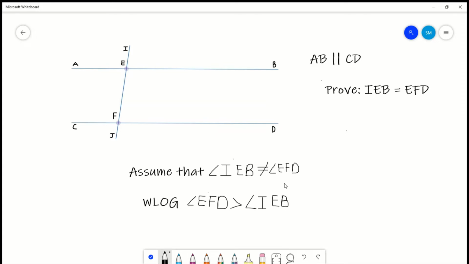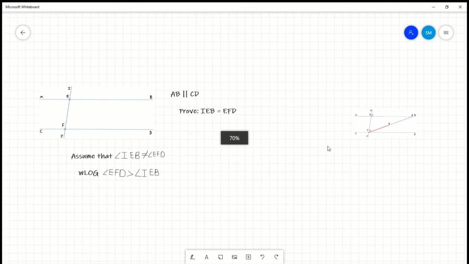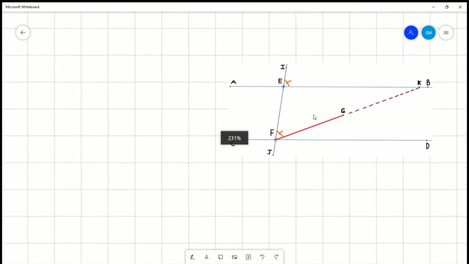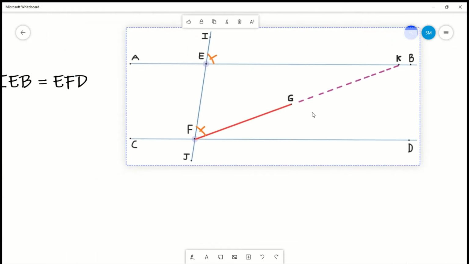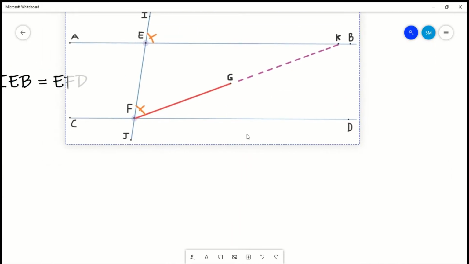Alright, so now we'll try to construct a ray at angle EFD such that the angle formed by the ray and the line EF will be equal to angle IEB. So in this picture I drew the ray, so I'll put it somewhere over here.